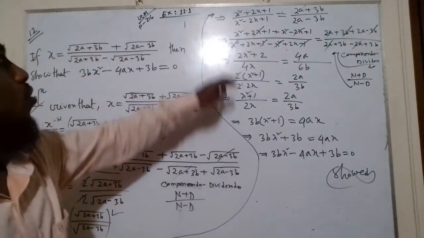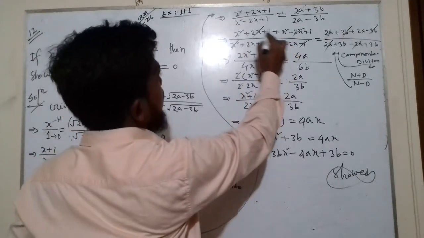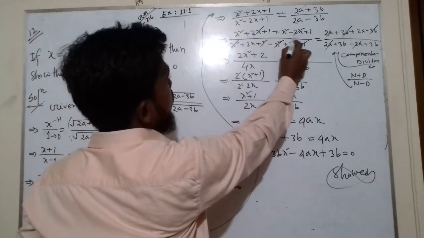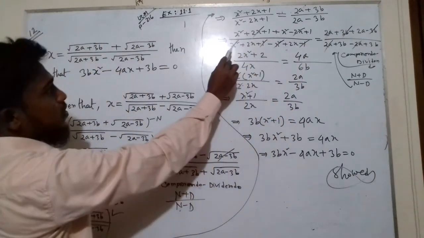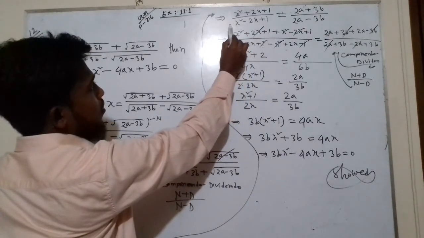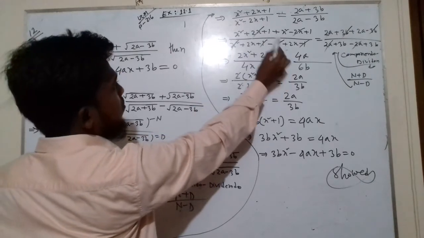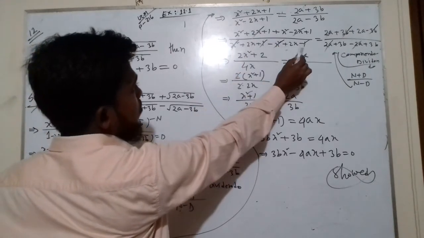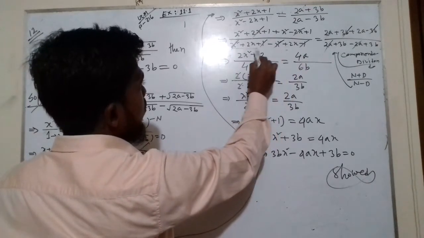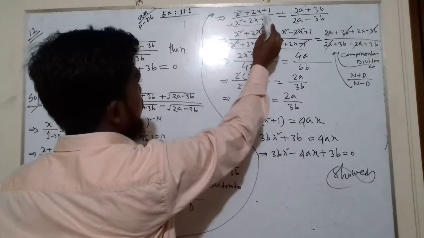So numerator x square plus 2x plus 1 plus denominator x square minus 2x plus 1, divided by numerator x square plus 2x plus 1 minus denominator; minus and plus, this is minus, minus and minus, this is plus.